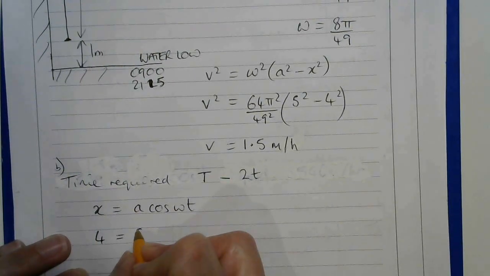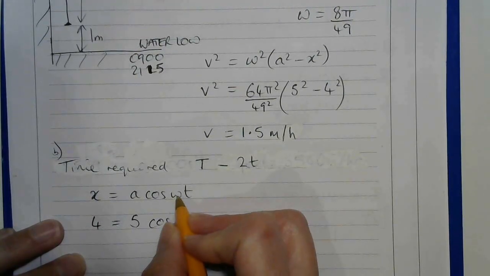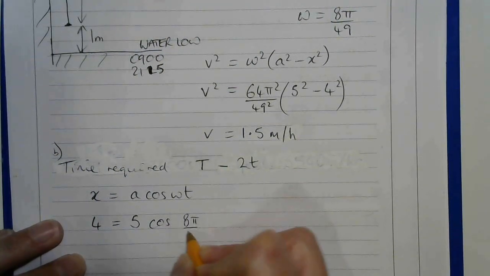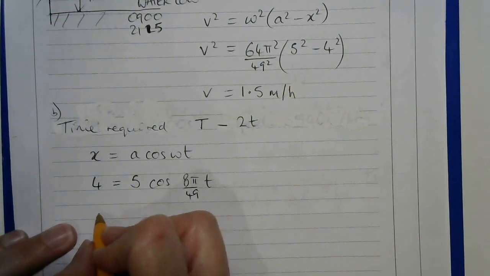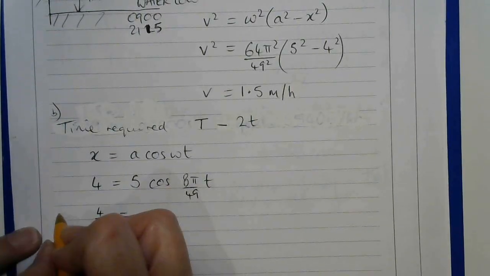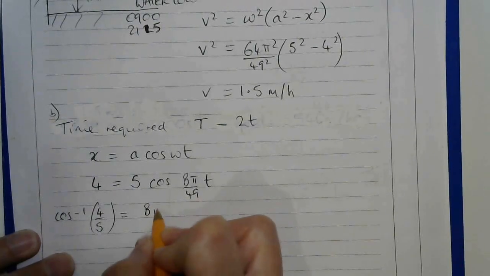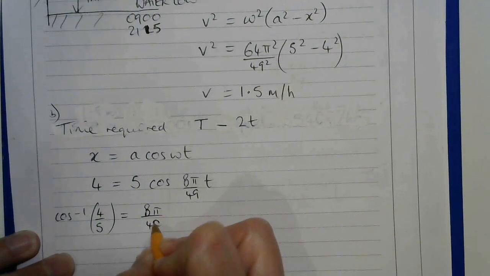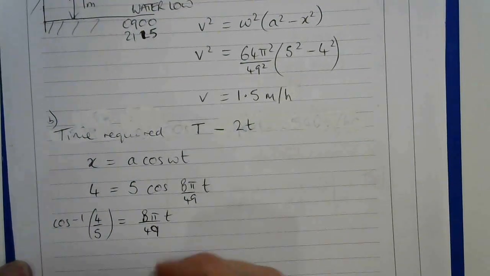Now I know a is 5 from the work that I previously did, and omega is 8 pi over 49. So rearranging this, I get 4/5 will give me cos of 8 pi t over 49. So if I do inverse cosine of both sides, then I'll get 8 pi t over 49. So to get t, I multiply this by 49 and divide by 8 pi.